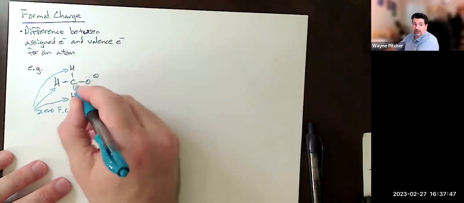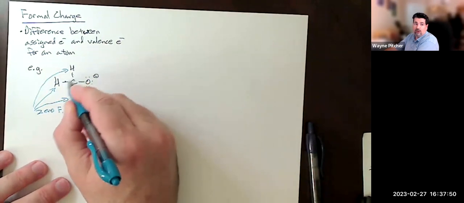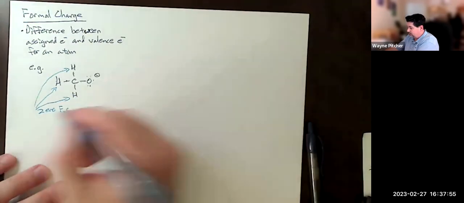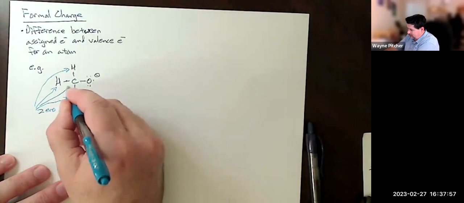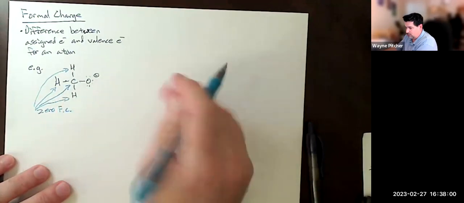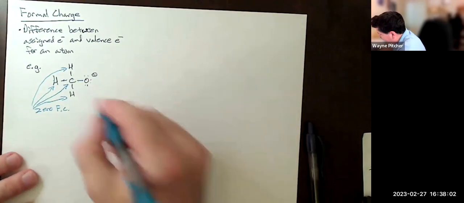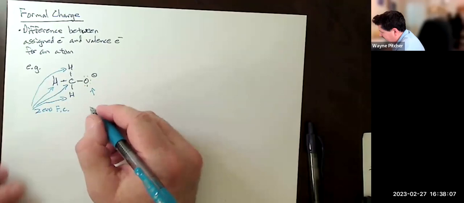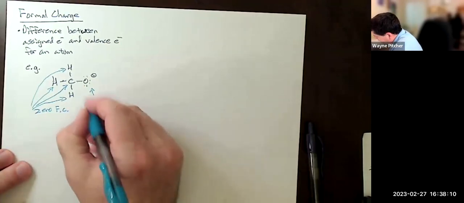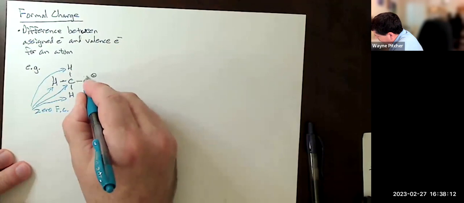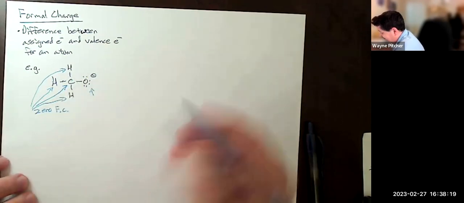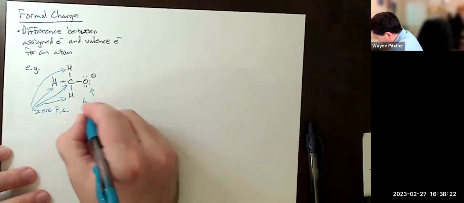Carbon normally has 4 valence electrons. Here it's being assigned 1, 2, 3, 4. So again, 4 minus 4 is 0. So again, the carbon is also 0 formal charge. Oxygen, however, is going to have 1, 2, 3, 4, 5, 6, 7 assigned electrons and 6 valence electrons.